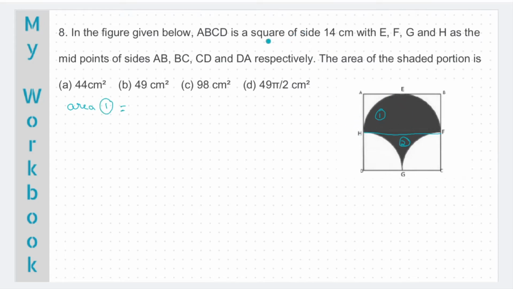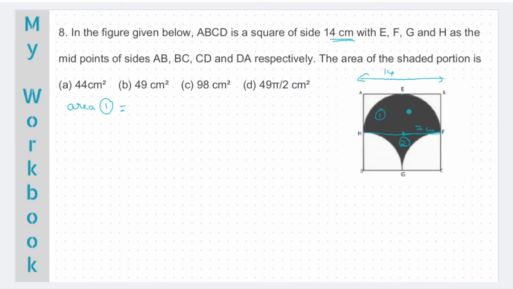It's given that square side is 14 centimeter. The entire length is 14 centimeters. So diameter of this semicircle is also 14. So the radius will be 7 centimeter.